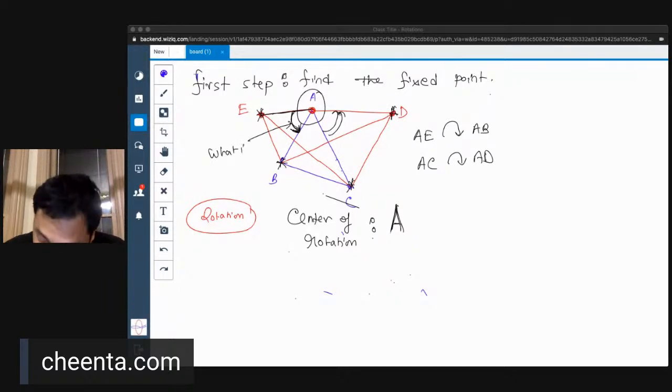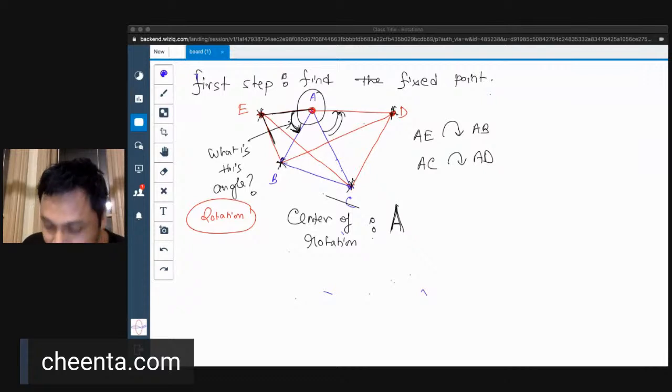After all, this is an equilateral triangle. So you know the value of this green angle, and you also know the value of this.